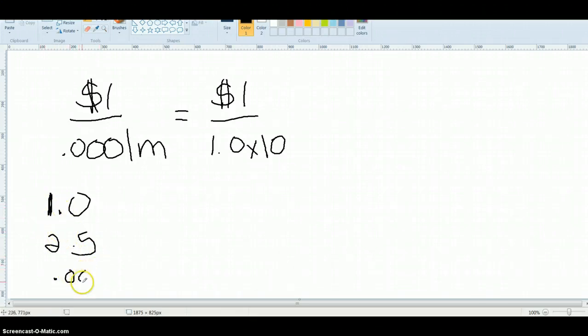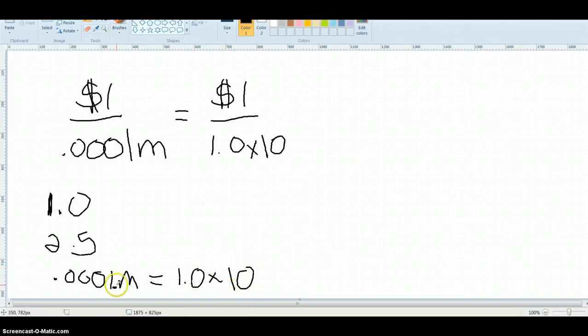So if we have 0.0001 meters, since it's only going to have one figure before the decimal, it's going to look something like 1.0 times 10 to the something.